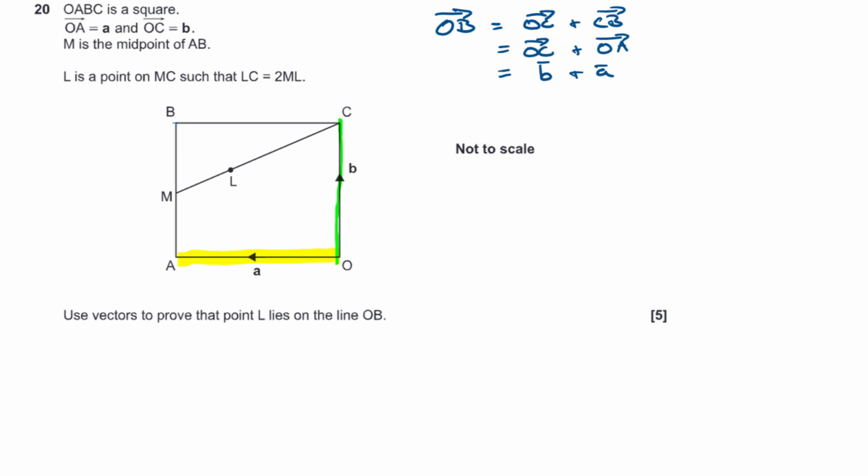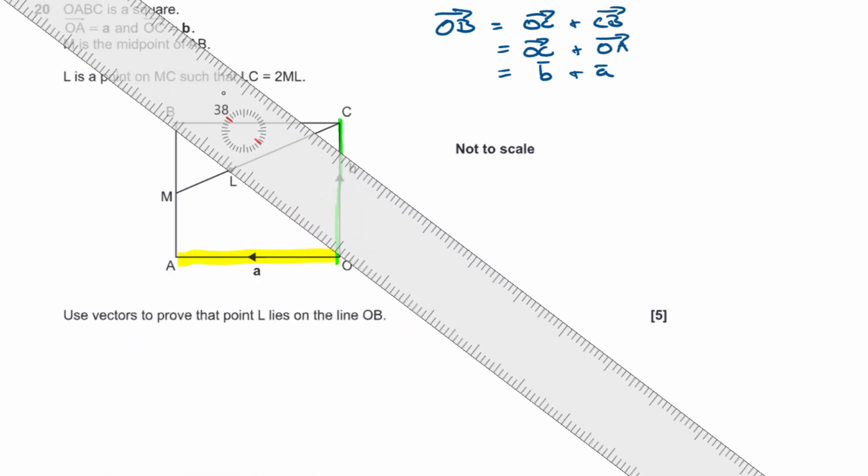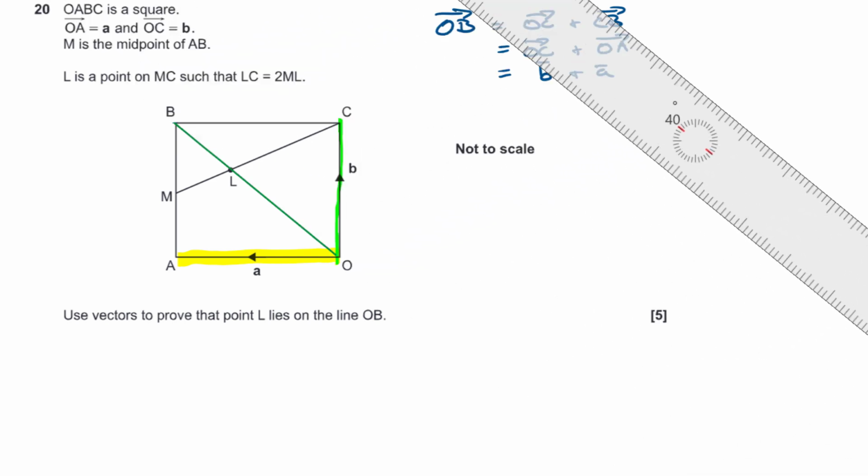Vector B plus vector A. Okay, so far so good. So we found this line running through the middle, and we've called it vector A plus B.